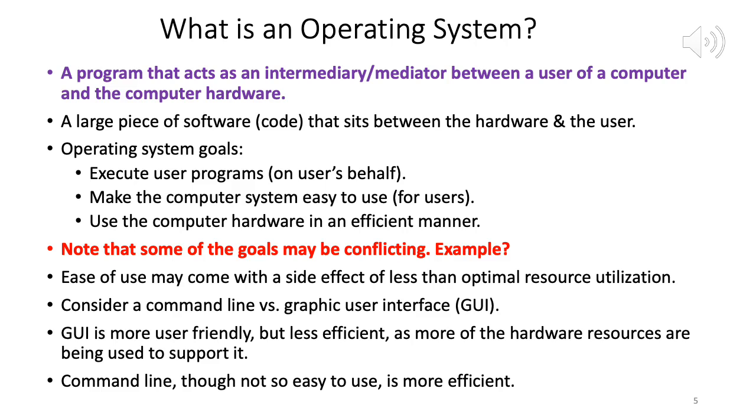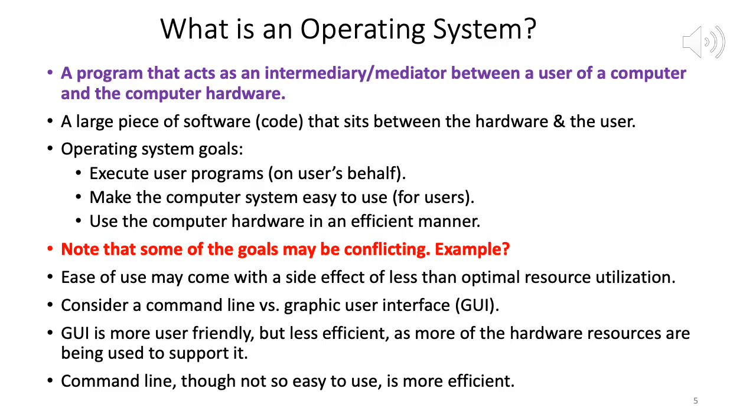Therefore it becomes very important that all your hardware resources which are necessary to execute user programs are used in the most efficient manner. There should be algorithms in place which ensure that your hardware resources are used very efficiently and shared properly among competing processes. So that's another goal of the OS. To recap: execute user programs on the user's behalf, make the computer system easy to use, and use the computer hardware in an efficient manner.